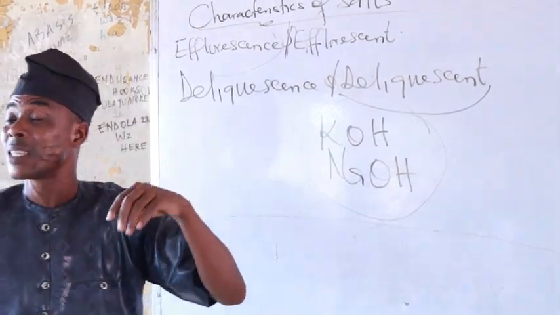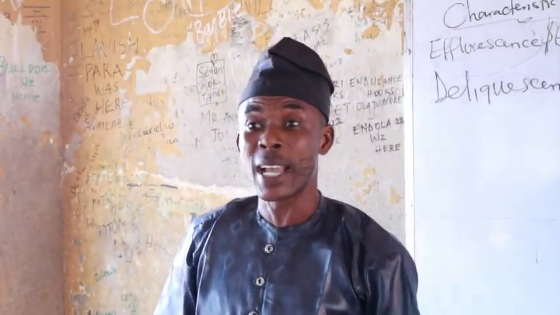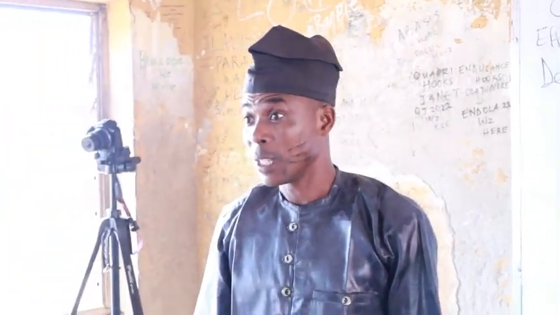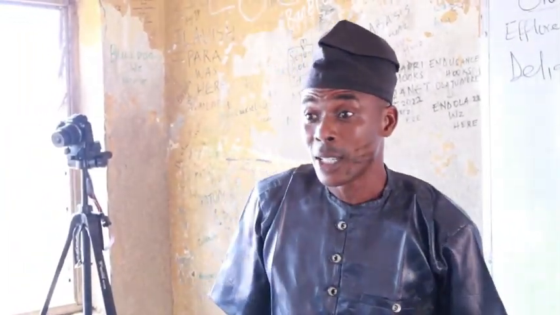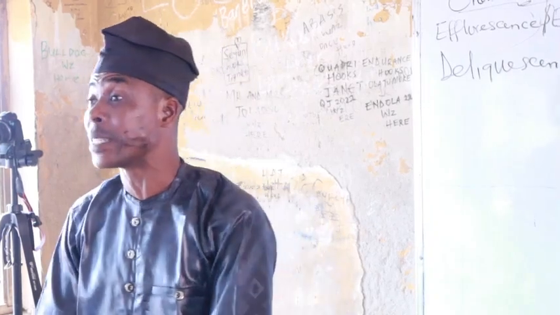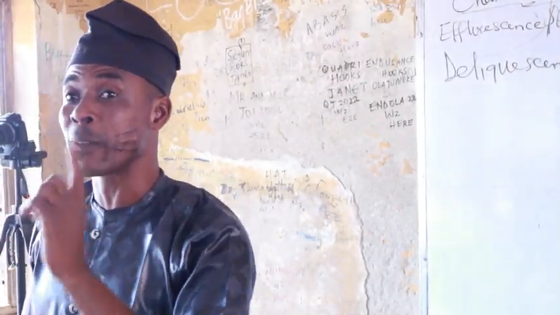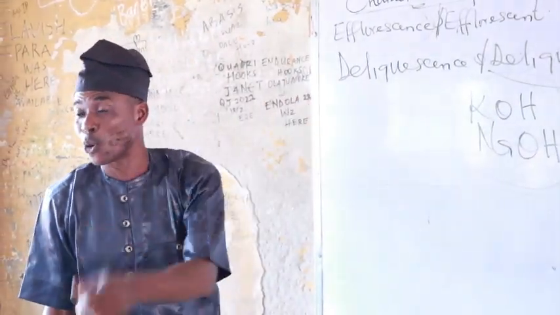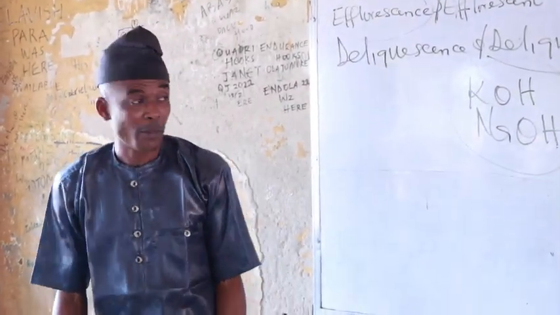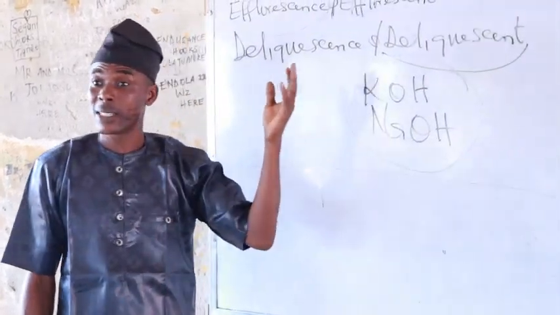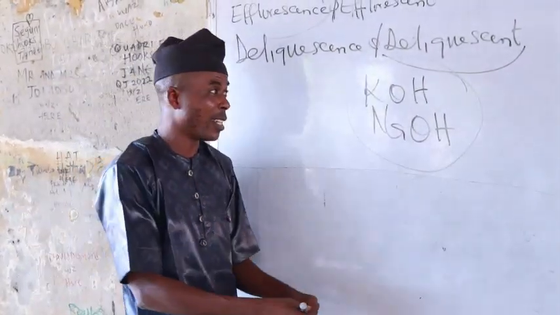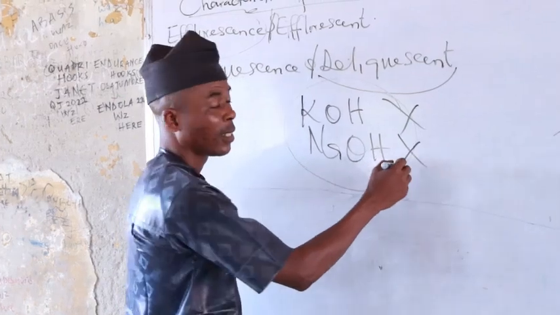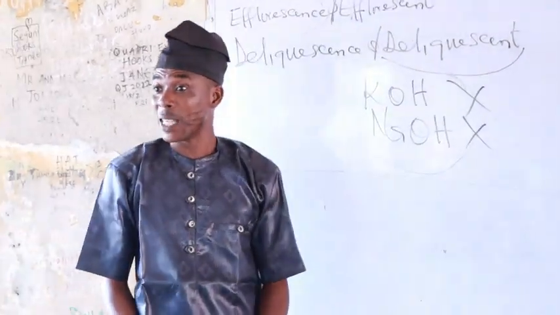But if the question says, give an example of deliquescent substances, a substance could be an acid, it could be a base, it could be anything. But when it is specified, give an example of a deliquescent salt, if you write potassium hydroxide or sodium hydroxide, even though they are deliquescent, they are not salts.